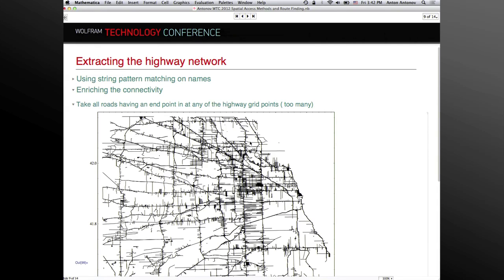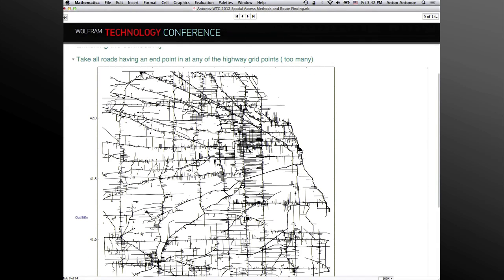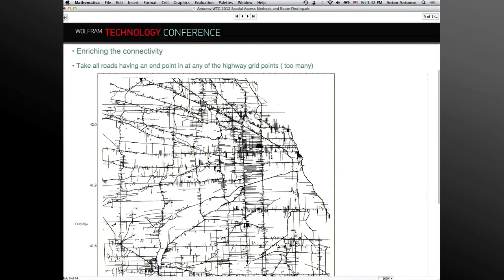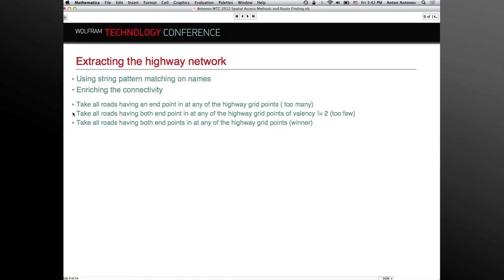Then you get this kind of nice looking fuzzy extension, and it's all connected. Unfortunately, it has too many nodes. And that actually becomes a little bit counterproductive when you want to speed up, since you're using the coarse network to speed up your computations. So this is rejected. Similarly here, a different technique, this is rejected.